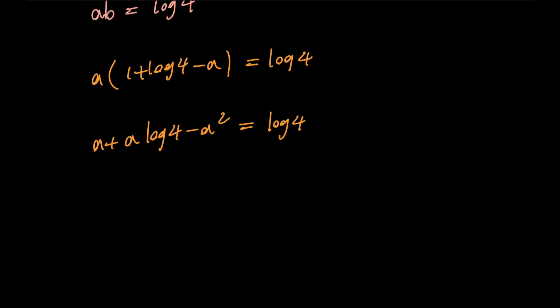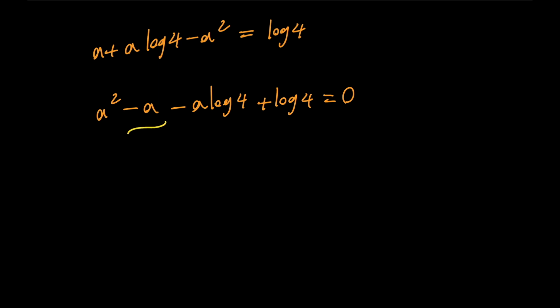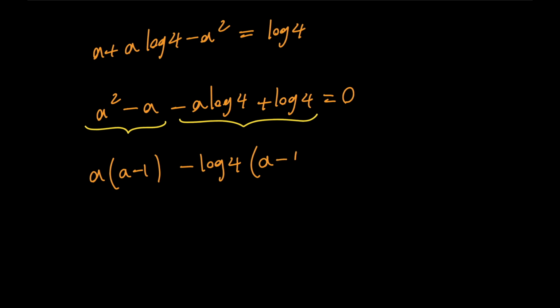Let's go ahead and rewrite this as a squared minus a times log 4 plus log 4 equals 0. Next, let's go ahead and factor out an a out of these two and a negative log 4 out of these two. So we're going to have a times a minus 1 and minus log 4 times the quantity a minus 1 equals 0.